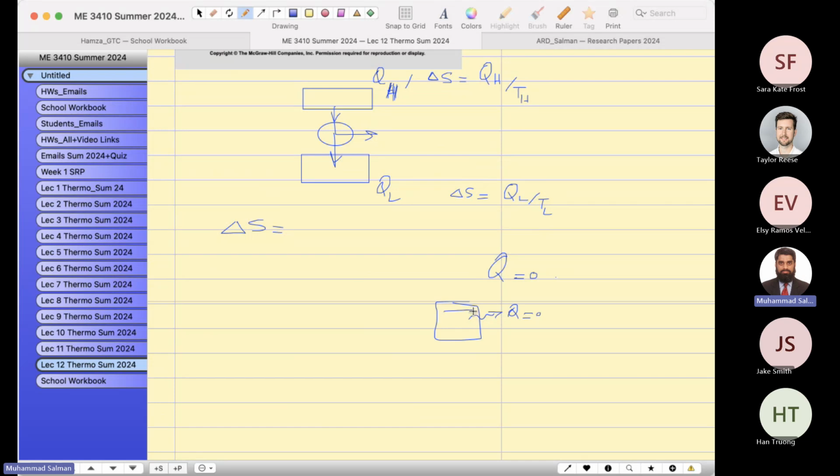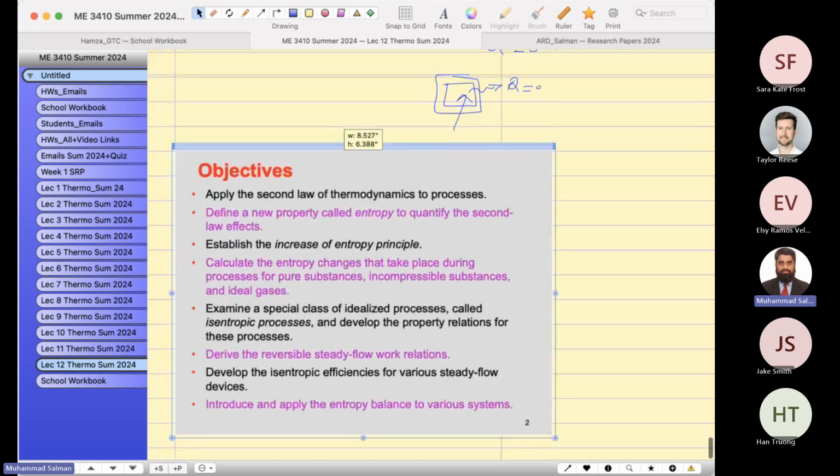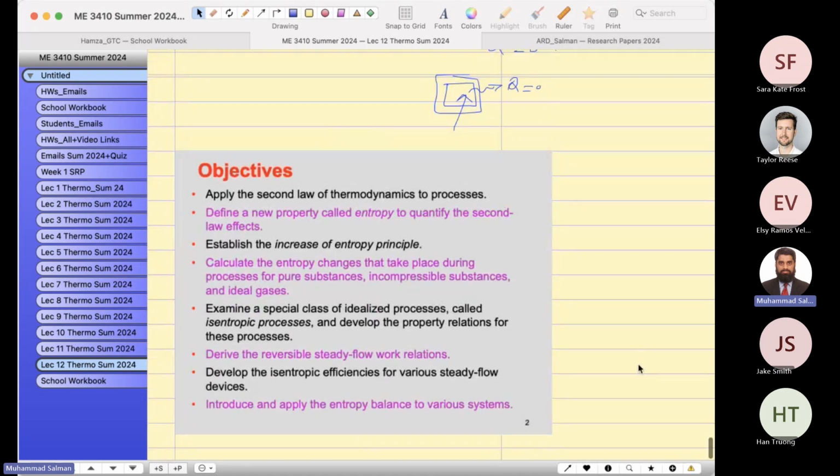If it is perfectly zero, then we have a constant entropy process. But if it is not zero, there is an entropy increase. When entropy increases, it means we are increasing the disorderness, or there is non-availability of energy. We cannot perform some work now.